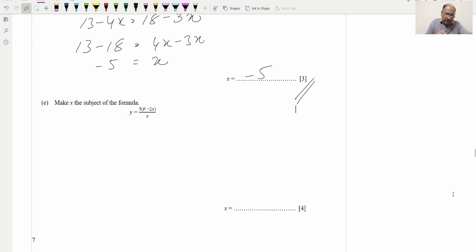Next, see the E part. The E part says make x the subject, and this is the equation given. What we will do is cross multiply. xy will be equal to 5 into p minus 2x.